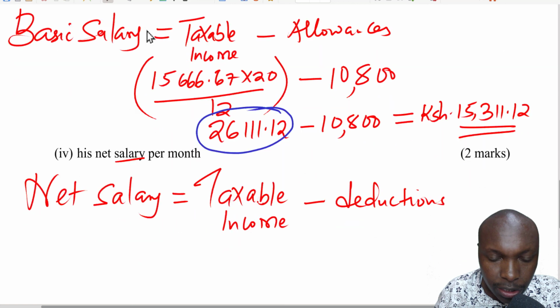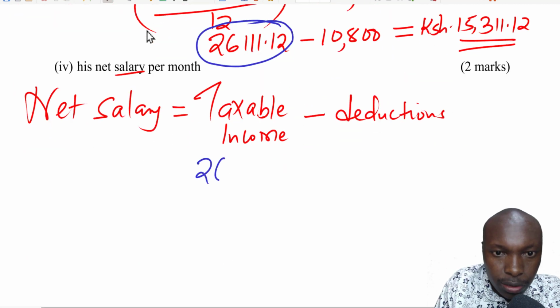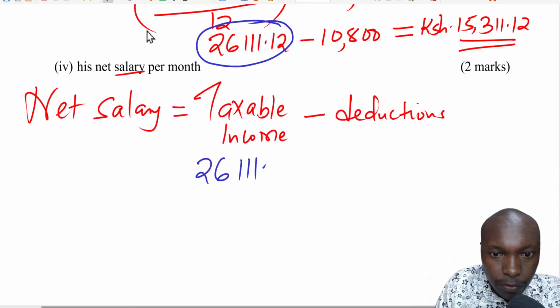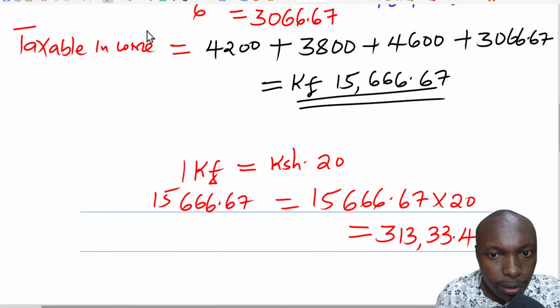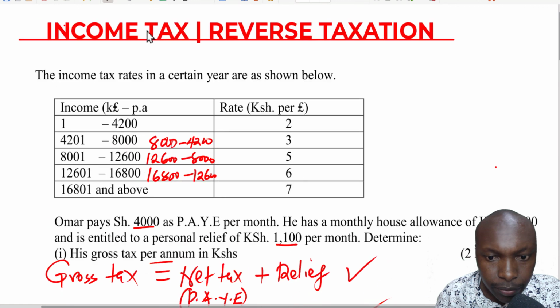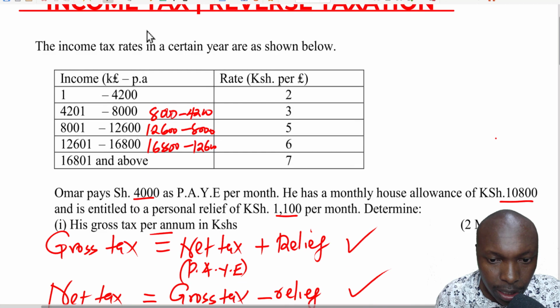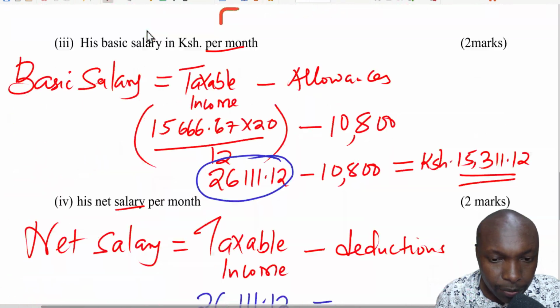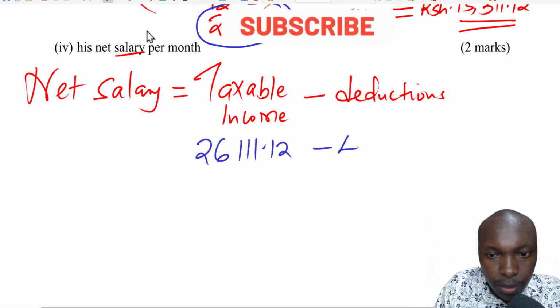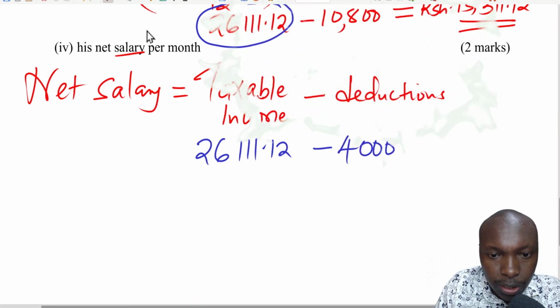So we shall take that, 26,111.12. Then when you go through the questions, what are the deductions that are there? I can't see any deduction apart from the PAYE. The PAYE only. The allowances are not included in the deductions. So the only deduction that you have here is the PAYE, which is 4,000 shillings.